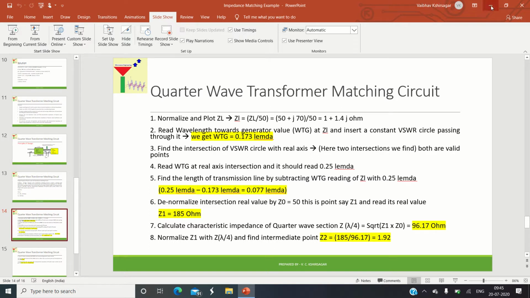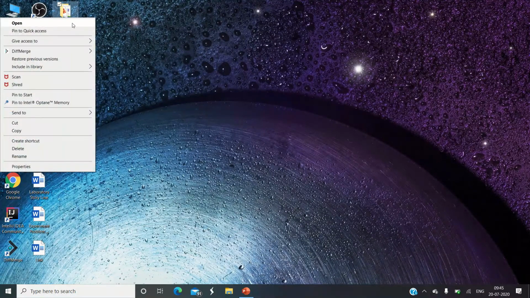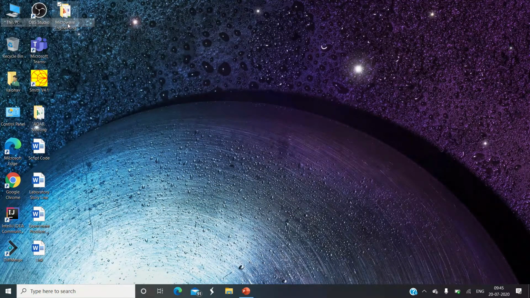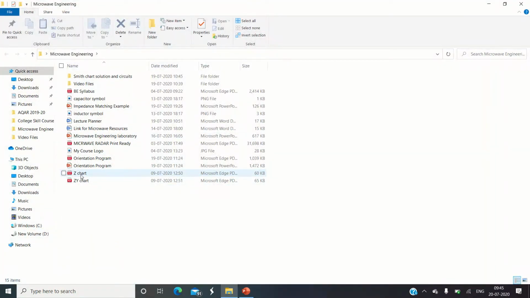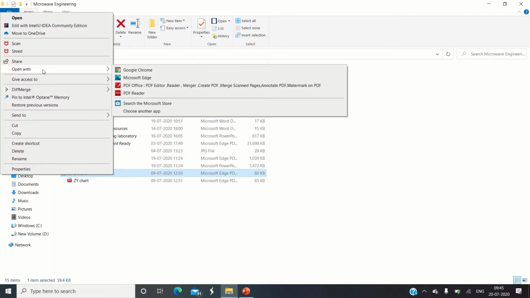So I will open a brand new Z chart. Please always keep the practice of using a separate Smith chart for each separate example, so that the entire Smith chart design work stays neat, and later if you refer to it you can quickly understand the design work. I'm using a simple impedance chart to design this problem.